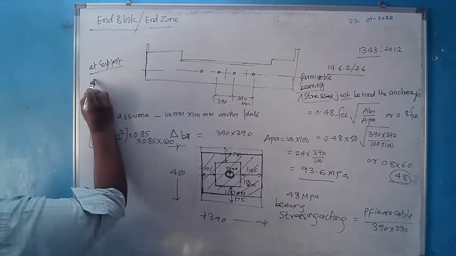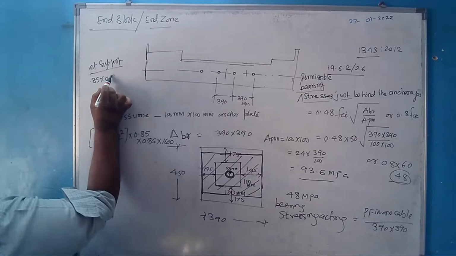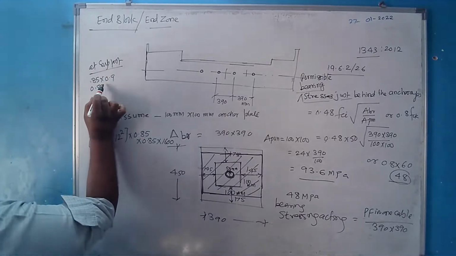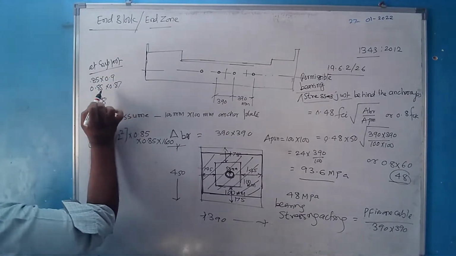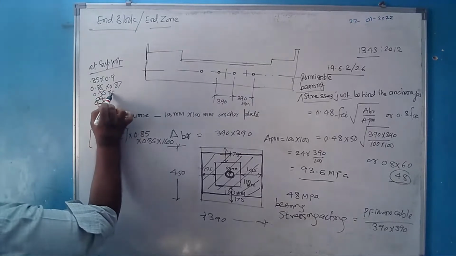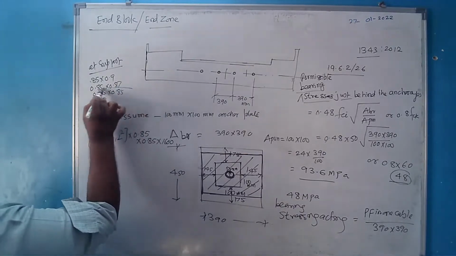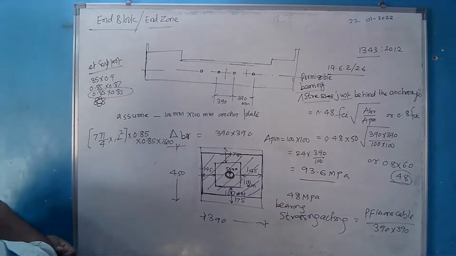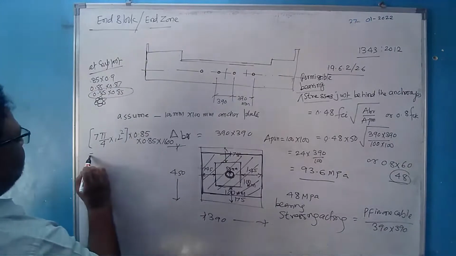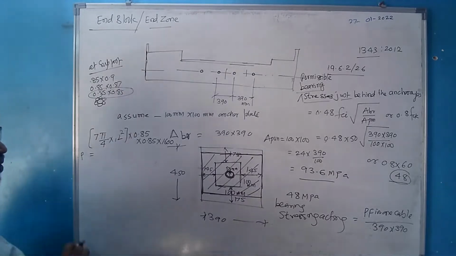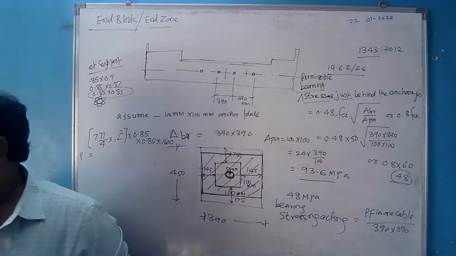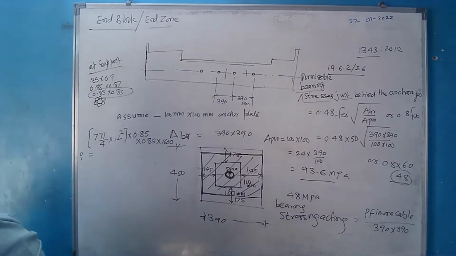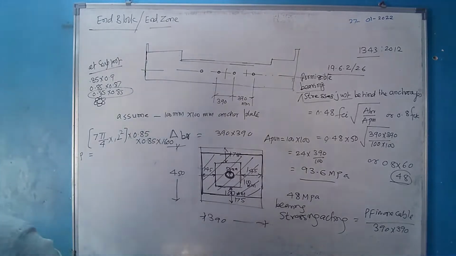There were different guidelines: 0.8 times 0.9, 0.85 times 0.87, 0.85 times 0.85. Three different guidelines. We had considered the least of all, 0.8 times 0.85. So that was the force carried by one cable.